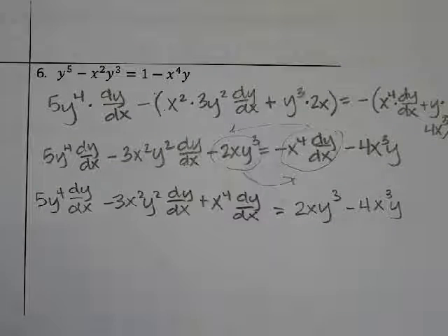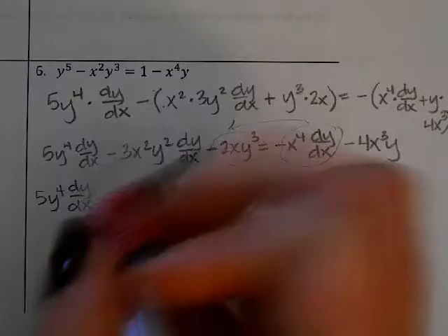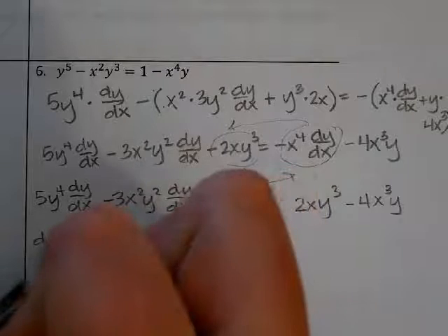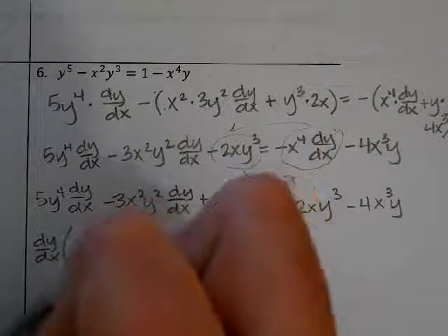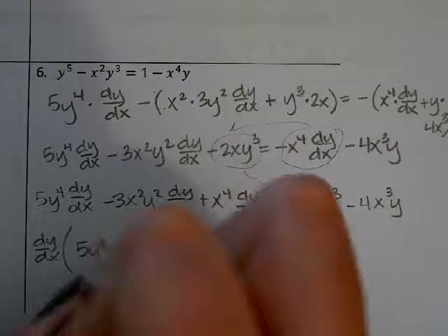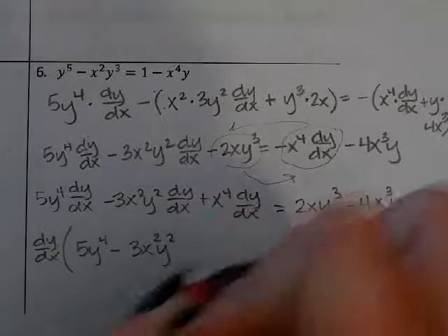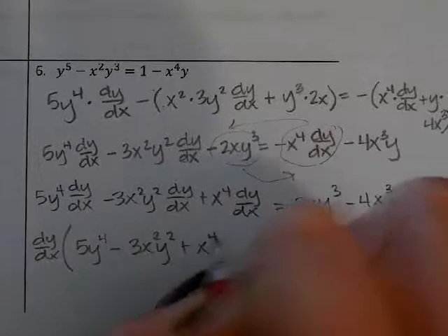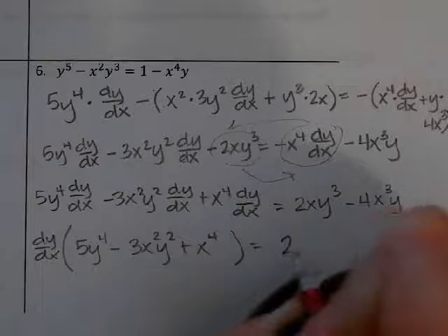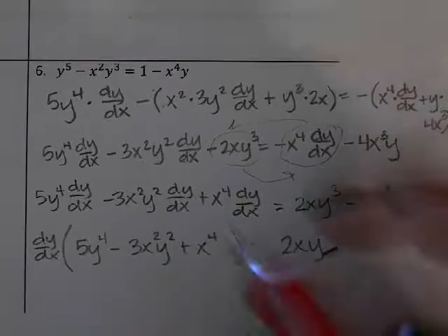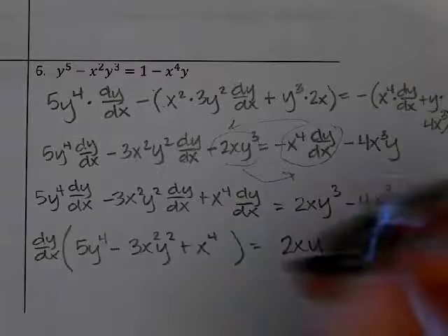Yeah, take dy dx out as a GCF. Don't take the whole GCF out, just dy dx. So 5y to the fourth minus 3x squared y squared plus x to the fourth. Again, if you want to fix the order and make it technically correct standard form, you're welcome to.